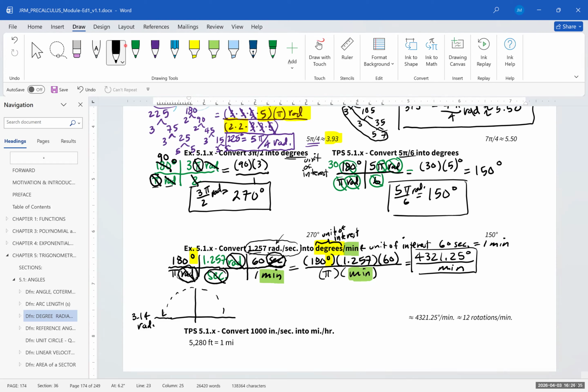So 1.257 is about a third of the way around. So it's about there. This is about 1.257 radians. And whatever this is that's rotating, it rotates that far every second.